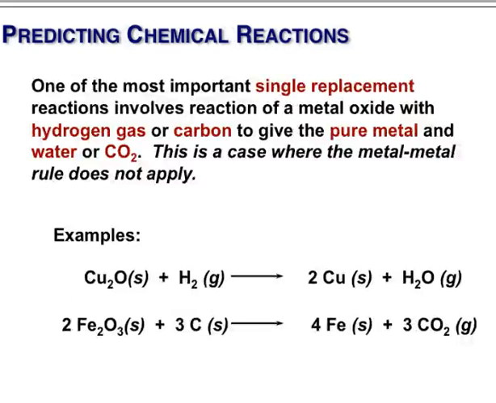Hydrogen and carbon both in these types of reactions will act as if they are metals. So just remember the 2 exceptions, they're acting as if they are metals. So, hydrogen is replacing copper to make water. This is our compound, an element, our new compound, new element.